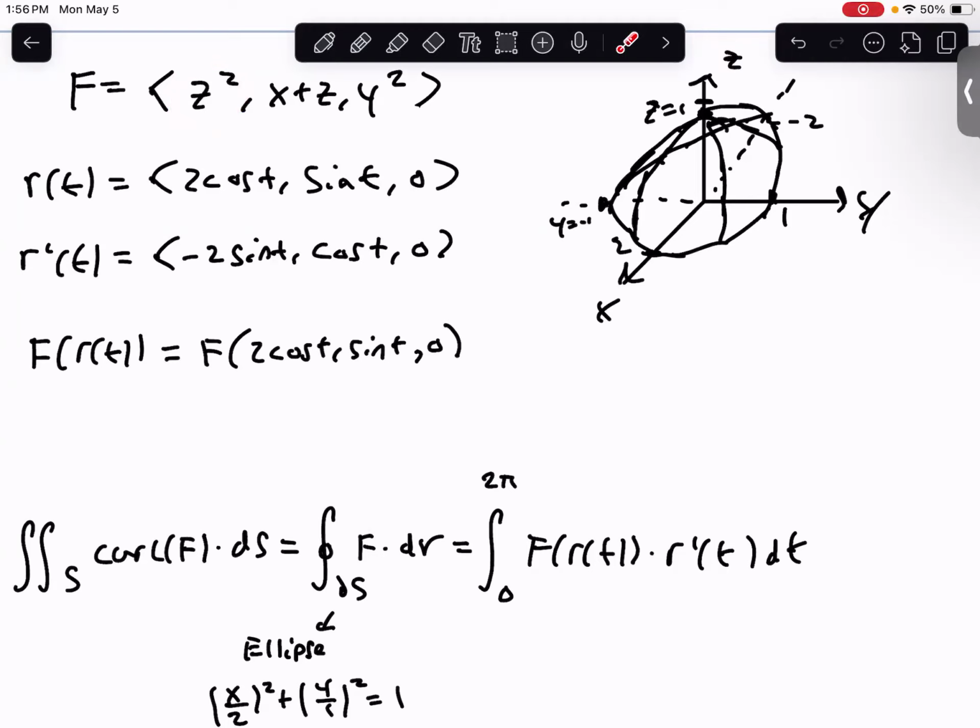So that's just going to give you 0 for the first component. The second component is x plus z, where x is 2 cosine of t and z is equal to 0. So this is going to be 2 cosine of t. And then the third component is y squared, so that's going to be sine squared of t.